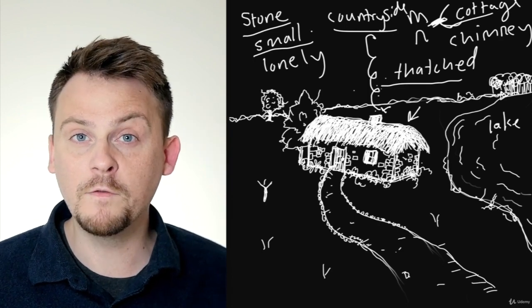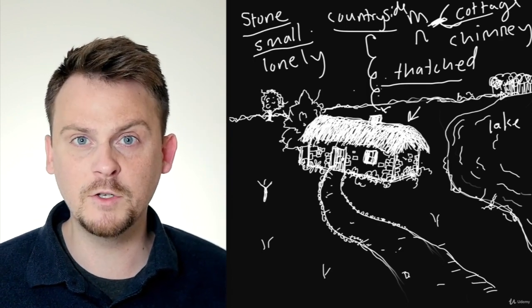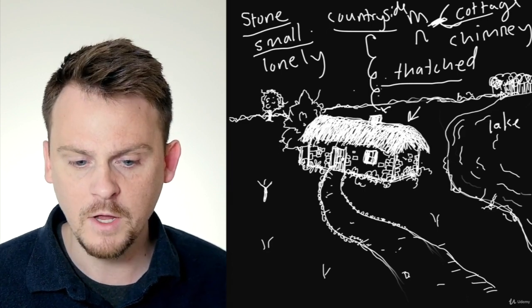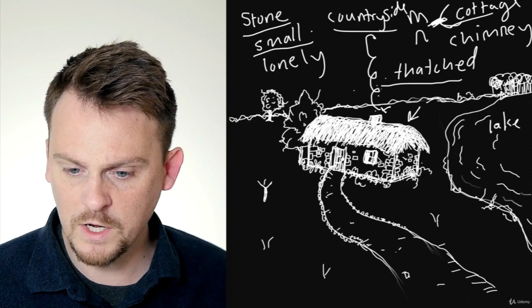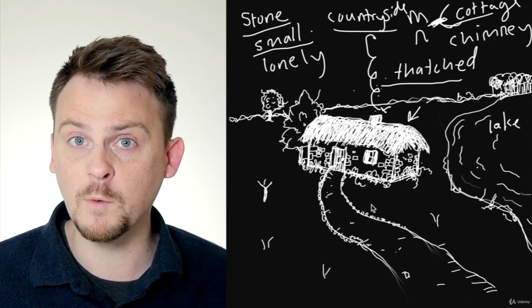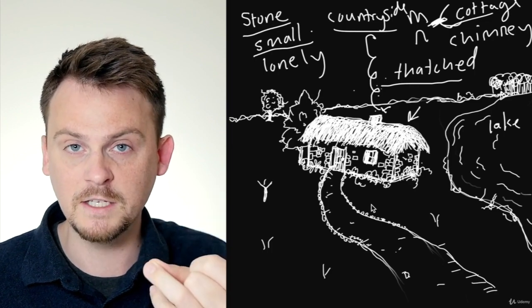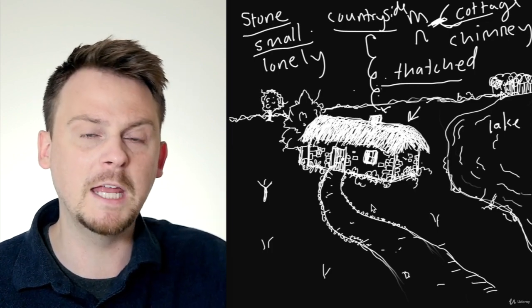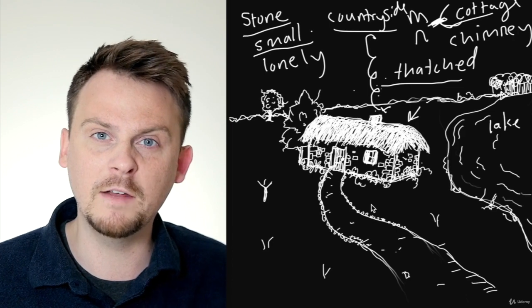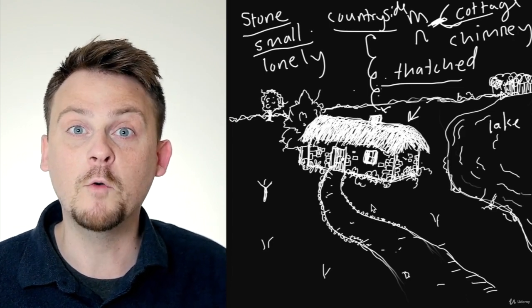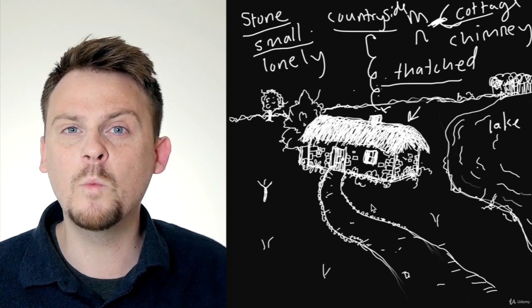But now we want to go further. We want to describe the other things too. There's a lot more going on here. What else does the cottage have? Well, it has a little square window. It's small, that's the size. Don't use small again because we already said small, and if you use small, small, small too many times, that's not good. That's called repetition. We don't usually want repetition.